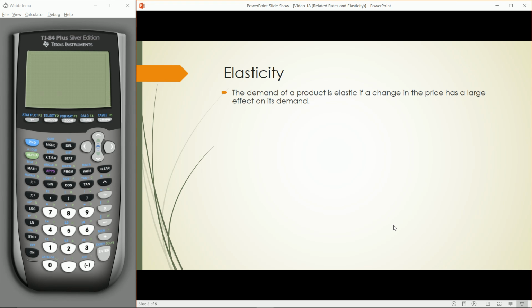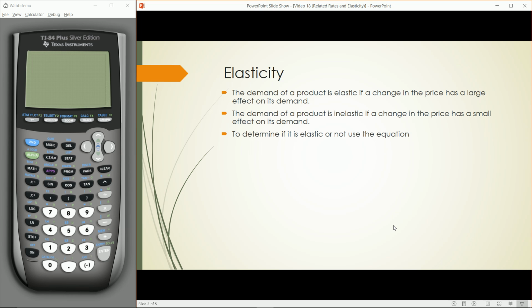So if I increase the price of my item by 1% and the demand drops by 50%, that's an insanely elastic price. If you just pull and let go a little bit, it's going to go crazy, like a really tight elastic. The demand is inelastic if a change in the price has a small effect on the demand. So if I increase my price by 1% and one person decides not to buy it anymore, that would be an inelastic demand.